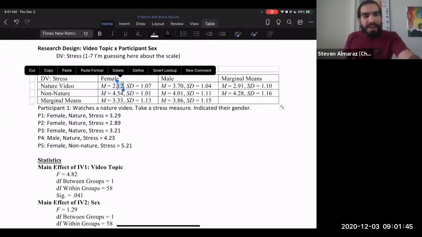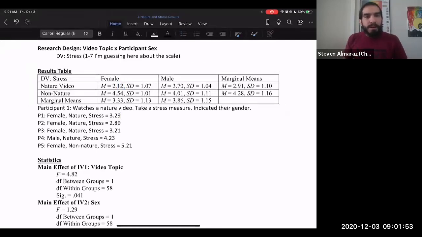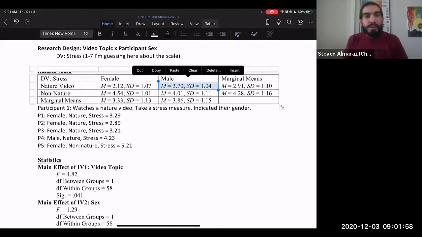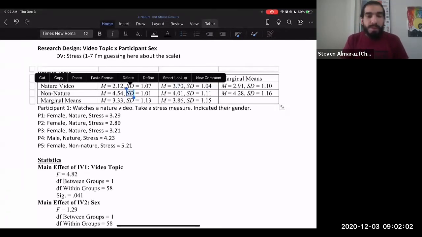So to get that, I just take all the females in the nature condition and get the average of their stress. All right. And I can do the same thing for males in the nature condition. And then I do the same thing for females in the non-nature condition. All right. So I take those scores and get the average of them. That's what I mean when I say, how did you prepare this data? How did you get this information?